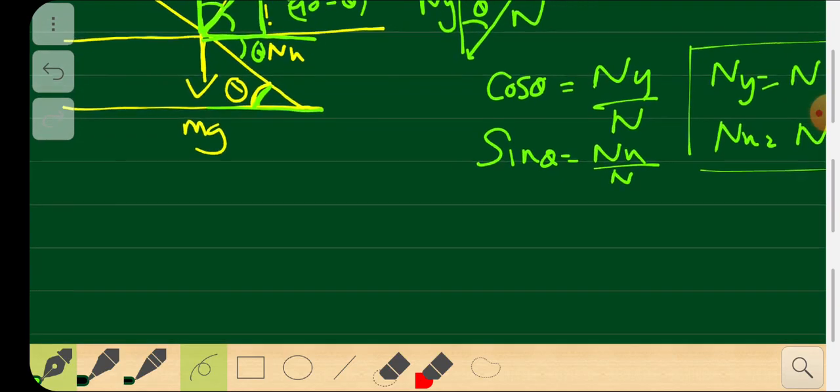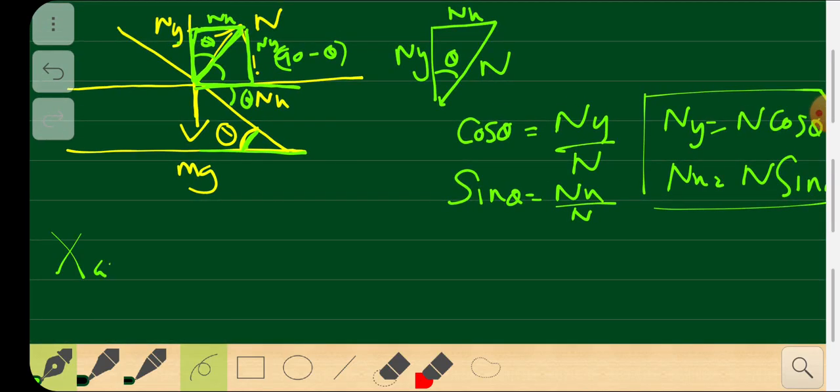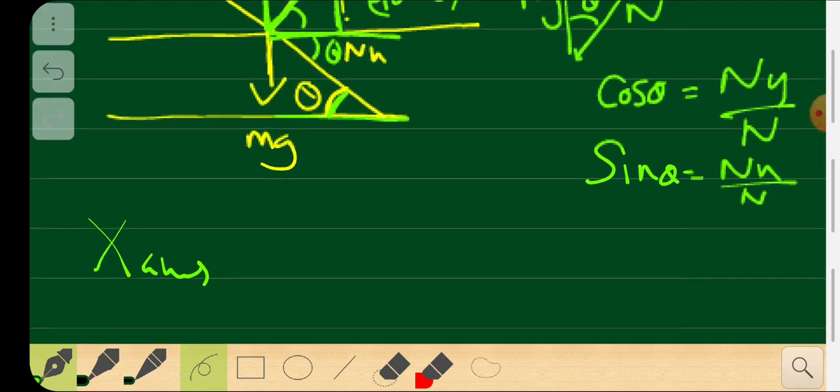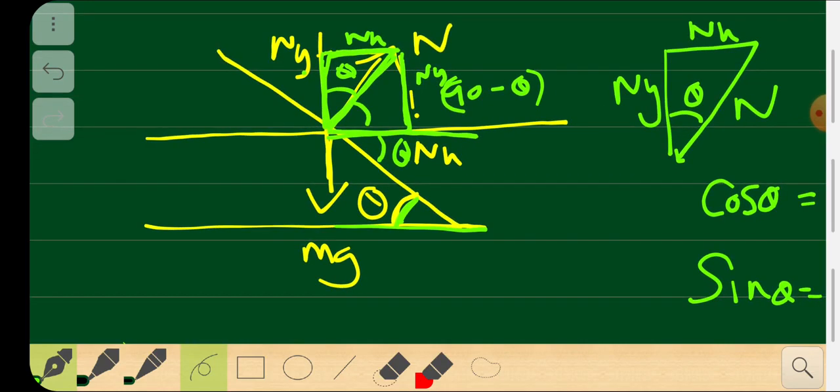So in the x-axis you can say F is equal to ma. So you look at those forces here. In the x-axis the only force is n_x, and that's it. There is no other force, there is no friction or anything like that, we just ignored that. So that's why in the x-axis there is only n_x.